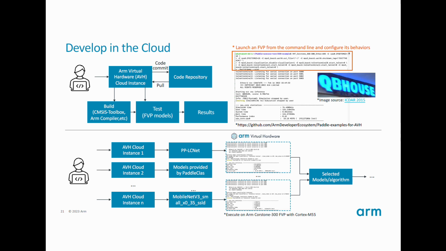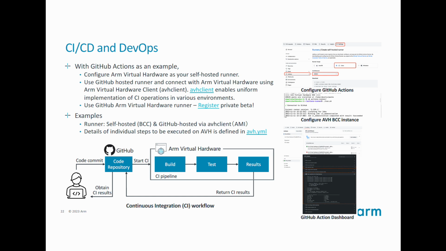This is an example where we use GitHub Actions, a CI/CD platform provided by GitHub, as the runner to execute the software verification process.